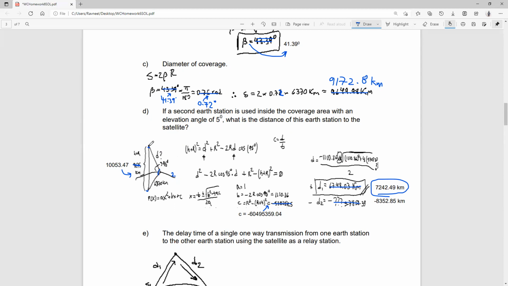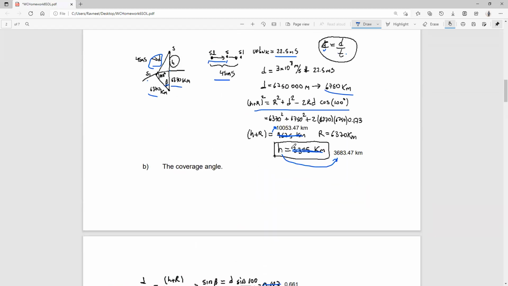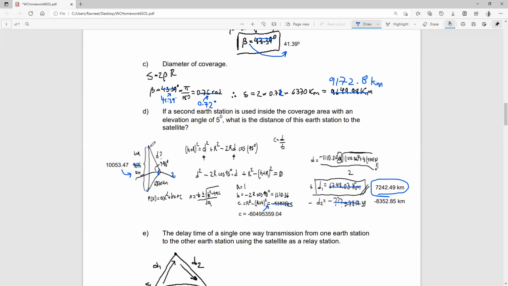We also know the height of the satellite from the Earth's surface that we have calculated over here, right? So this particular side is basically h plus the radius of the Earth, so that is h plus r.